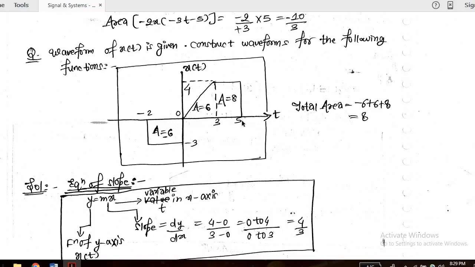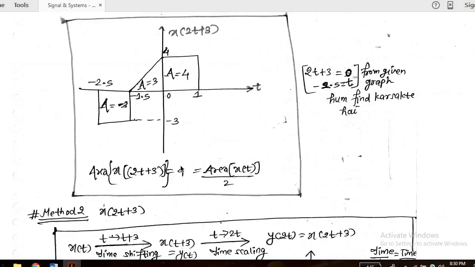If you see here, on the rightmost side beyond t greater than 5, it is always 0 till infinity. Here also, beyond t less than minus 2, it is always 0 till t equals minus infinity. So the time width means the highest non-zero amplitude time index minus the lowest non-zero amplitude time index on the left side, that is 5 minus of minus 2, which is 5 plus 2 is 7.